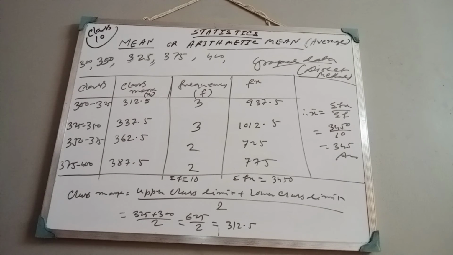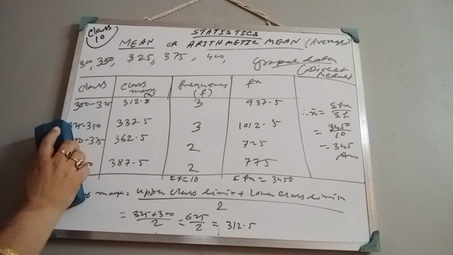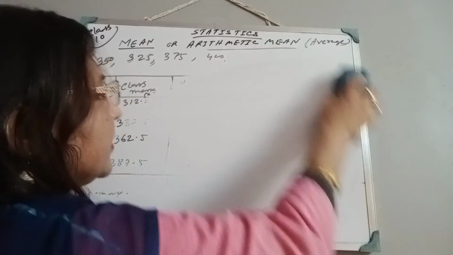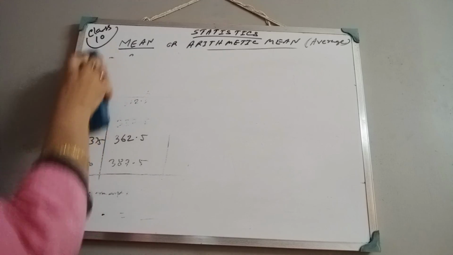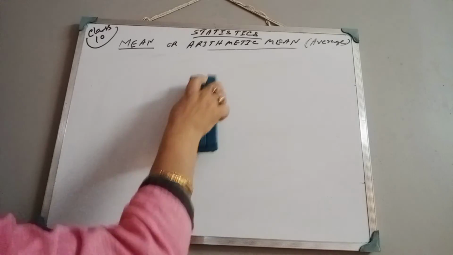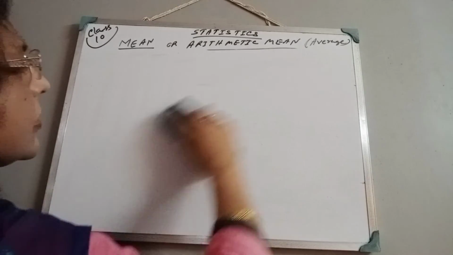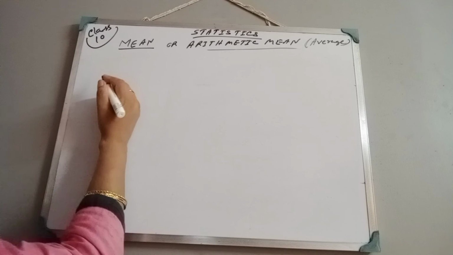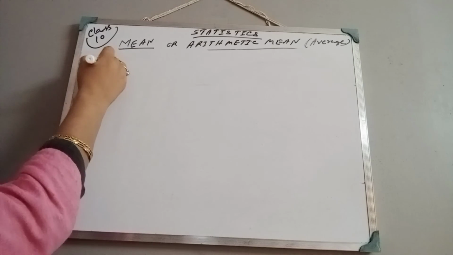Now let me rub the board. Next is the assumed mean method. This method is also a very important method. Assumed mean method, or short method, or deviation method, all these are equal, remember.